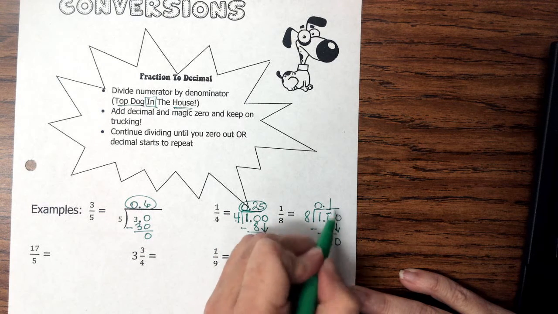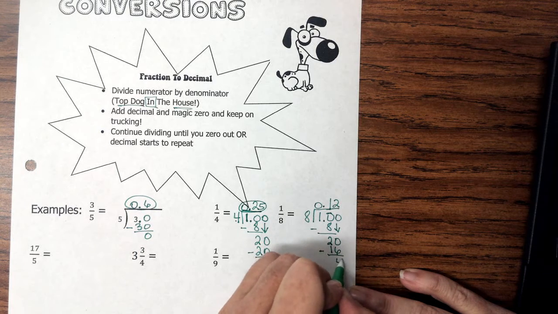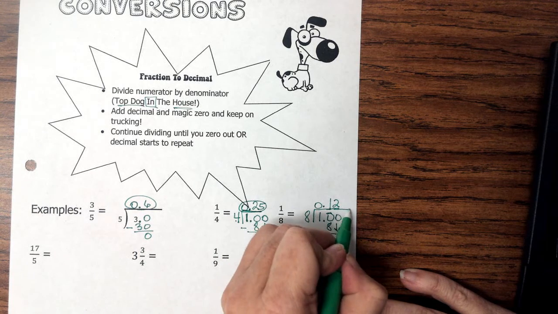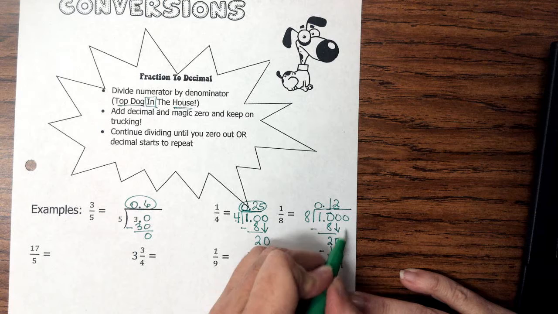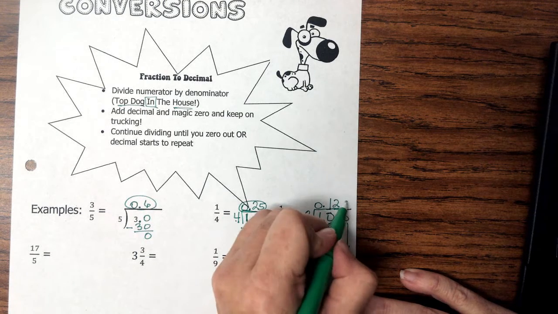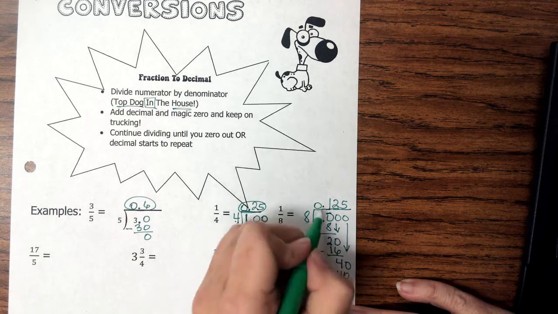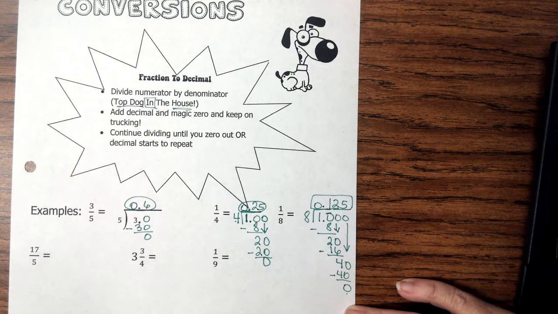Divide again. 8 goes into 20 twice, which is 16. Then I subtract. Oh look, I've got to make my box bigger. That's okay. Add another 0. Bring it down. 8 goes into 40 5 times. Subtract. I zero out, which means I'm done. And I now have the answer to my question.